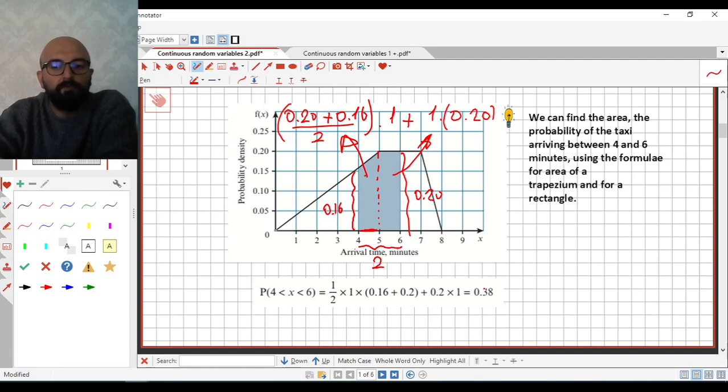And we have 0.38. It means the probability of x greater than 4, less than 6.